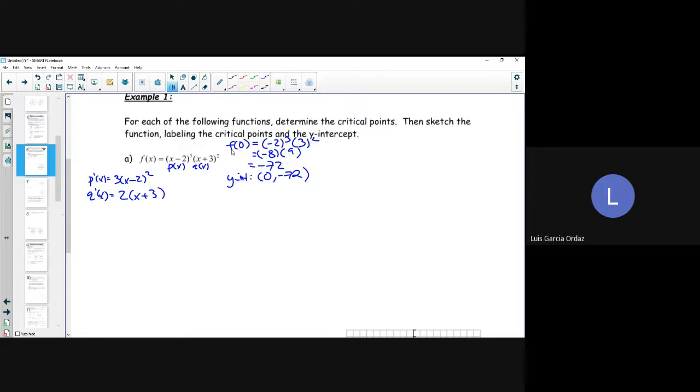So now I can take my derivative. I get f prime of x is equal to 3 times (x minus 2) squared times (x plus 3) squared, plus 2 times (x plus 3) times (x minus 2) cubed. I'm going to take my common factor, which is going to be (x minus 2) squared.